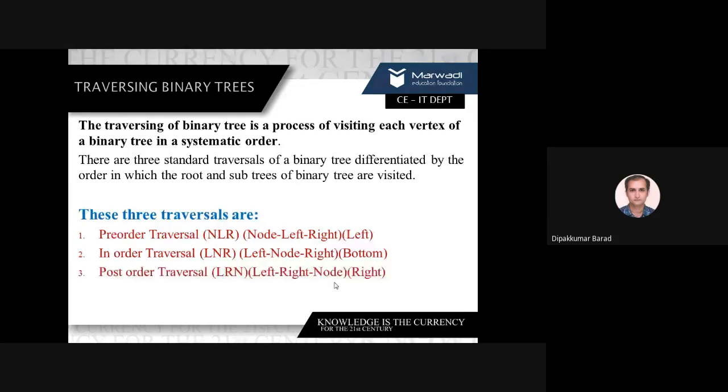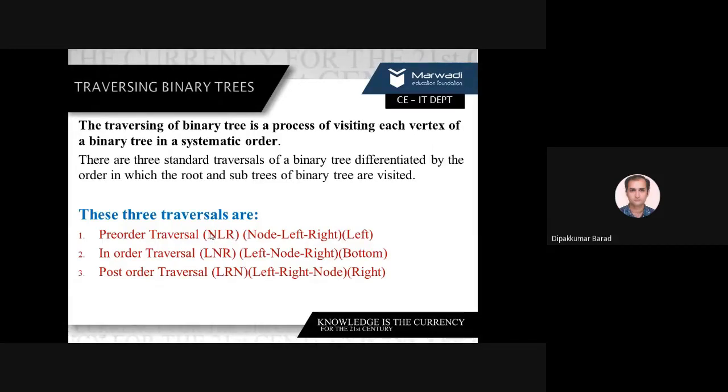So pre-order traversal means we are visiting the vertices from node to left to right. Node here means parent, L represents the left child, and R represents the right child.